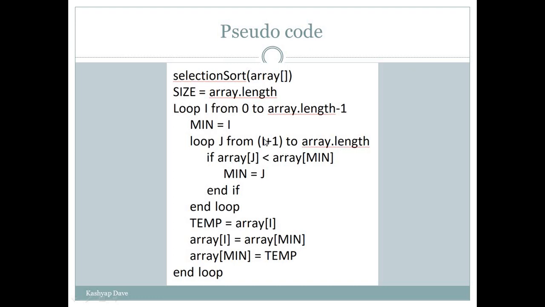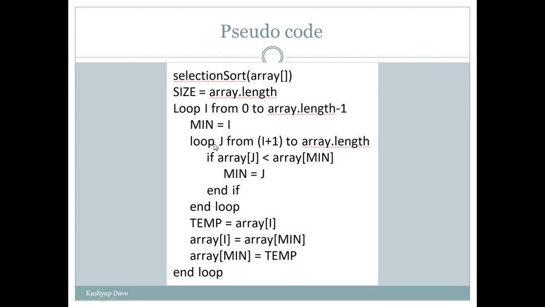Okay, in it we are checking one thing: if the array value at index j is less than the minimum index value, then we set the minimum to j. After it we will end this if, and after it we will end this loop.